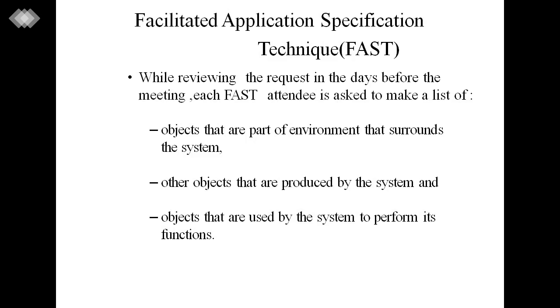So while receiving the request before the meeting, each FAST attendee is asked to make a list of questions, and what will be the scenarios before the meeting, whether related to the customer, user or the developer. First will be the objects that are part of the environment that surrounds the system, other objects that are produced by the system, and the objects that are used by the system to perform its functions.